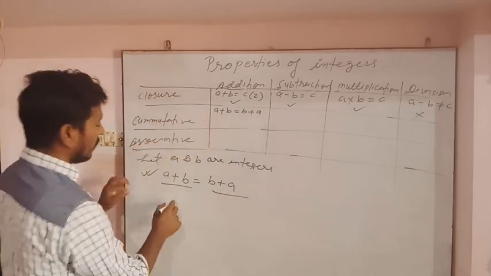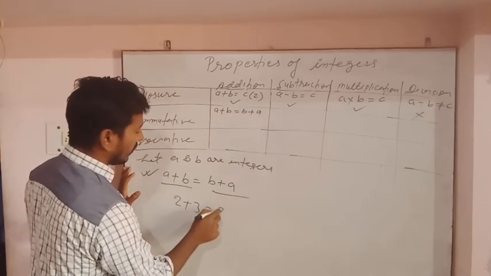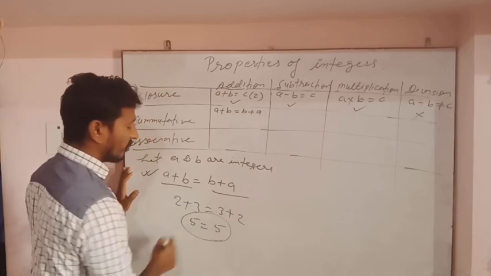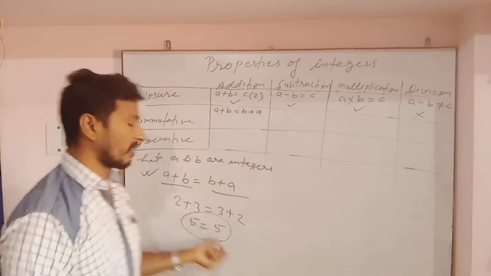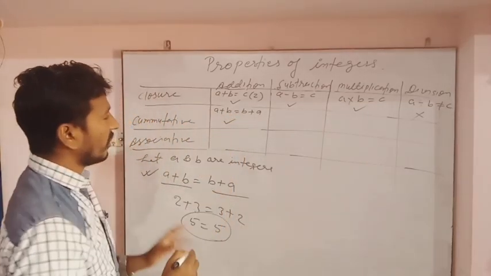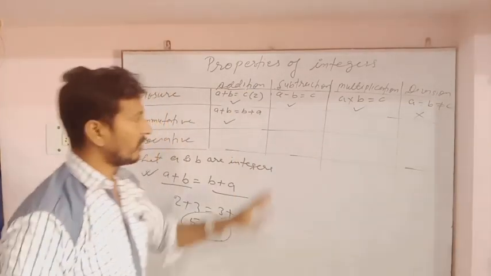Means 2 plus 3, then 3 plus 2, and in both cases we get the same result, 5 and 5. So LHS and RHS both are equal. So we can say that commutative property holds over addition.